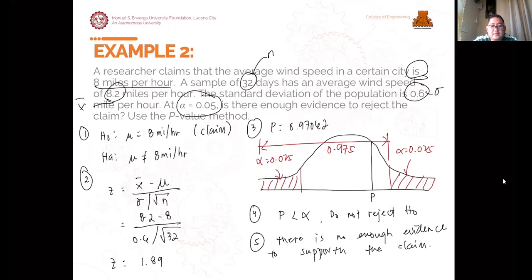Okay? So, ganun lang yung pag-solve niya. Okay? So, walang enough evidence to support the claim na yung average wind speed is 8 miles per hour. No? Kasi hindi nag-fall under sa rejection criteria yung mismong curve natin. Okay?